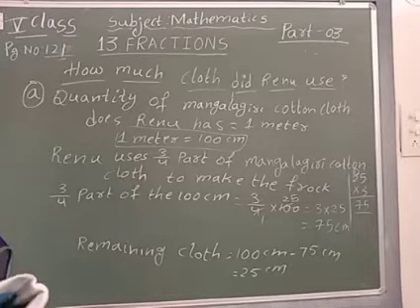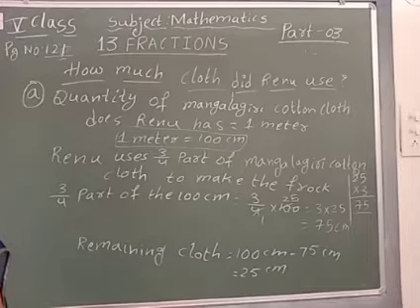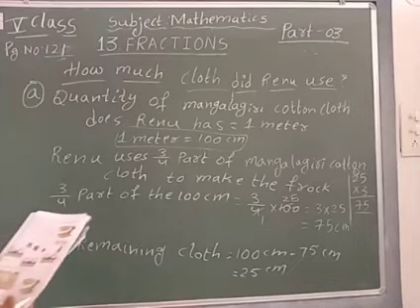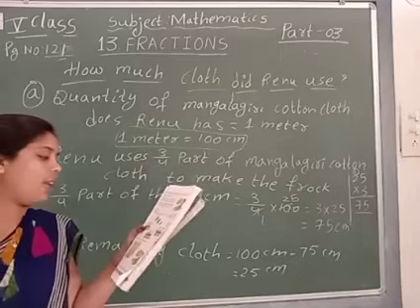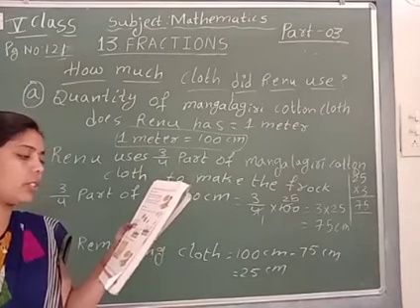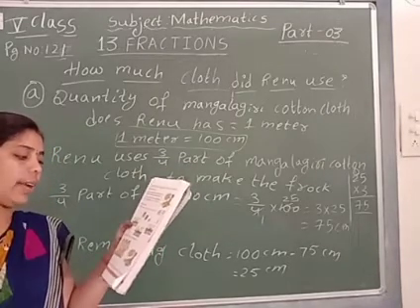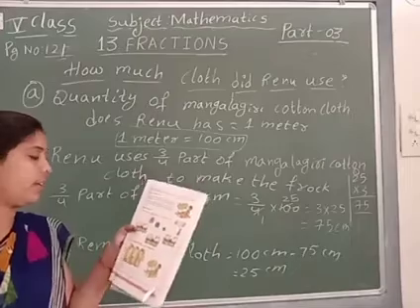So you will do that problem. Okay. Now balance the pans. Which line are we balancing with those pans? See here. So half kg equals how much? 500 grams. You will write that now.